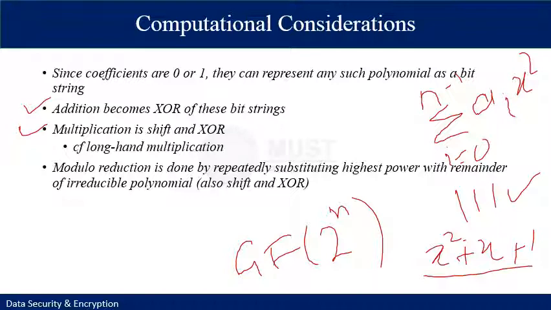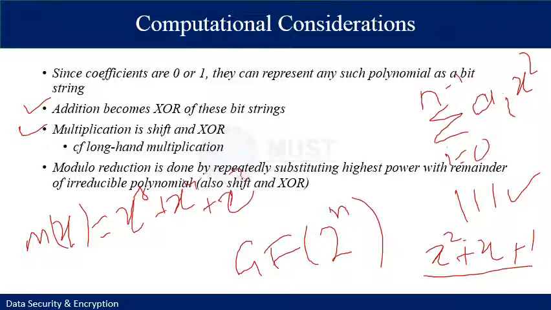This technique is described for GF(2) raised to power 8 using an equation in the form of m of x that is equal to x raised to power 8 plus x raised to power 4 plus x raised to power 3 plus x plus 1, which is the finite field used in the Advanced Encryption Standard.